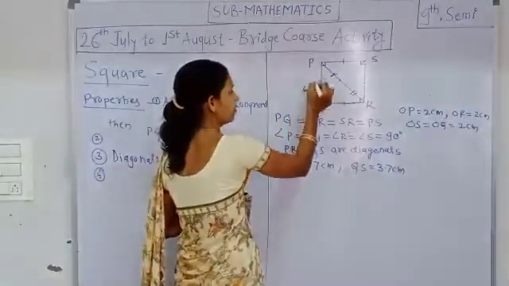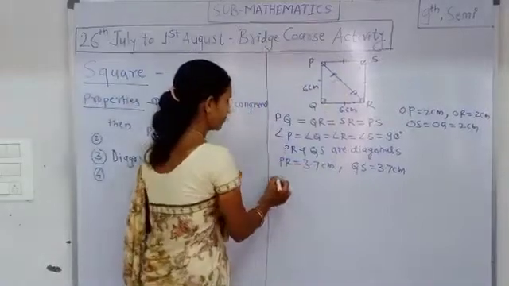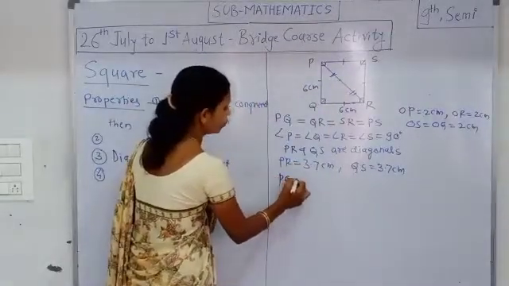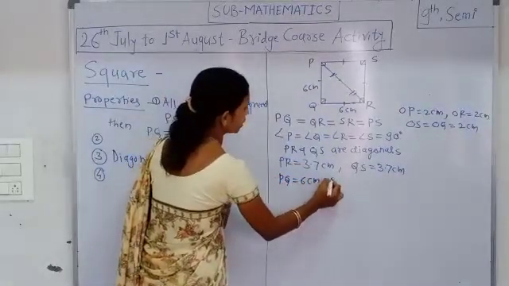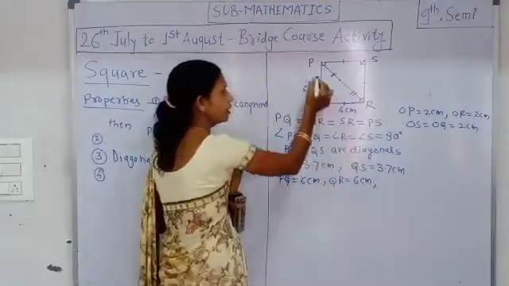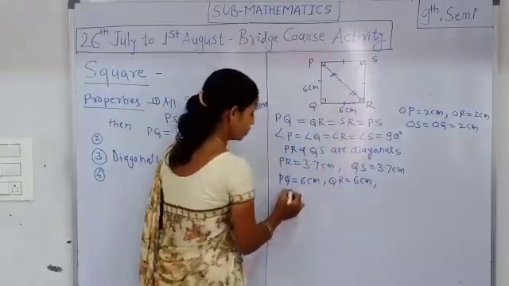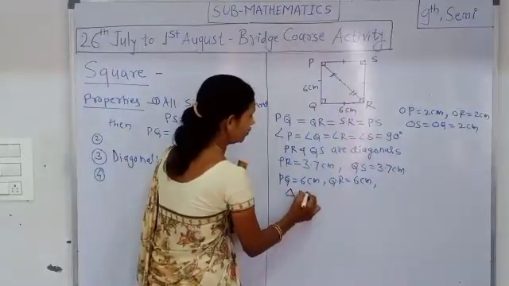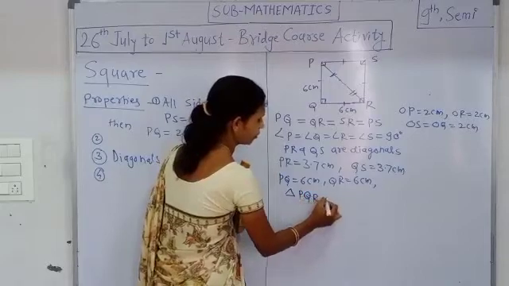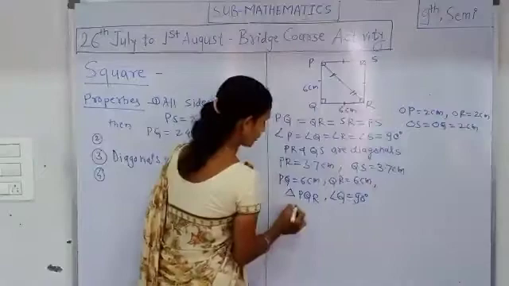Then PQ is 6 centimeter, QR is also 6 centimeter, and angle PQR is 90 degrees. Therefore, in triangle PQR, angle Q is 90 degrees.